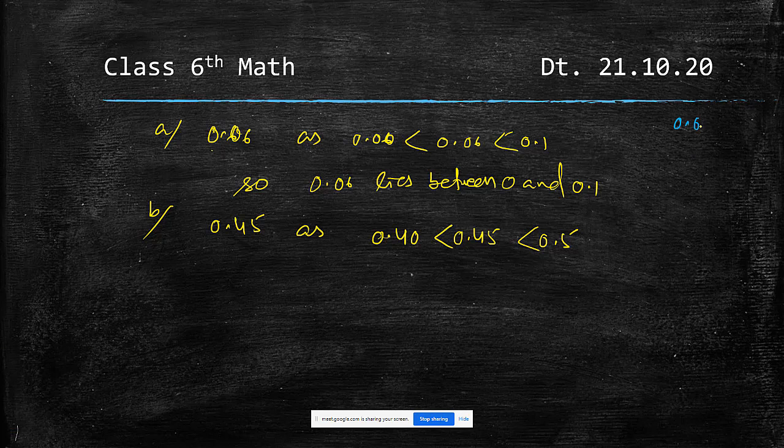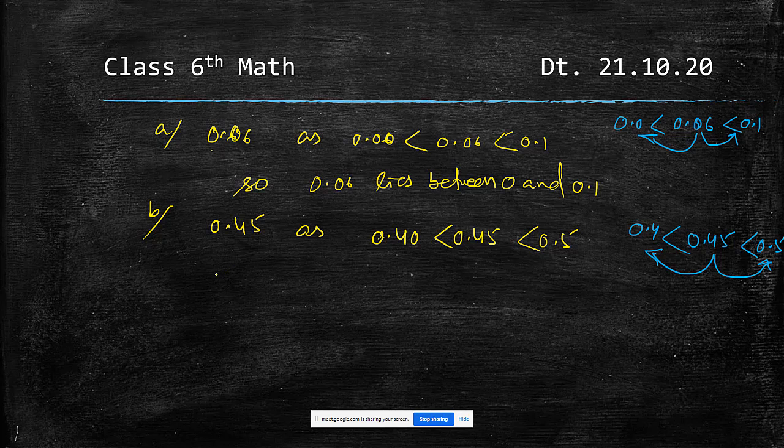The concept is: the tenths place number, same number we will write here, 0.0, and the after number here, 0.1. So for this one, 0.45, same number 0.4, then the next number 0.5. Understood?